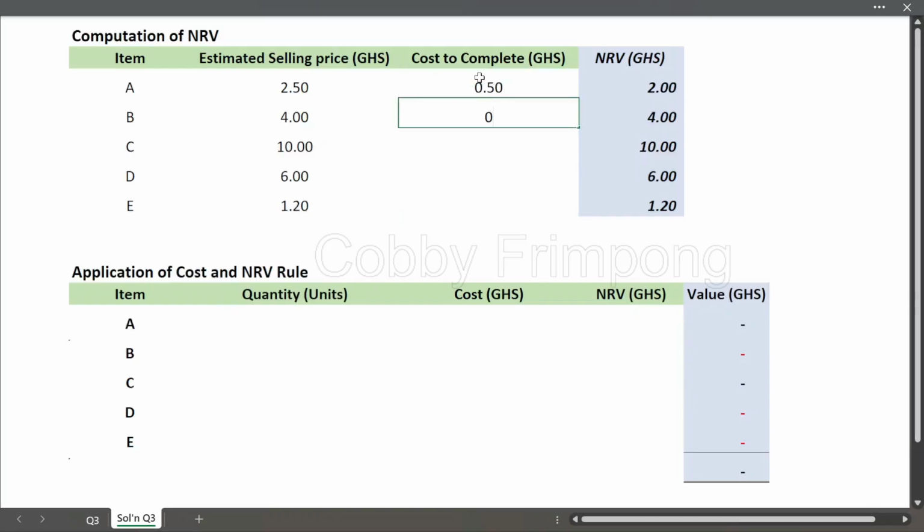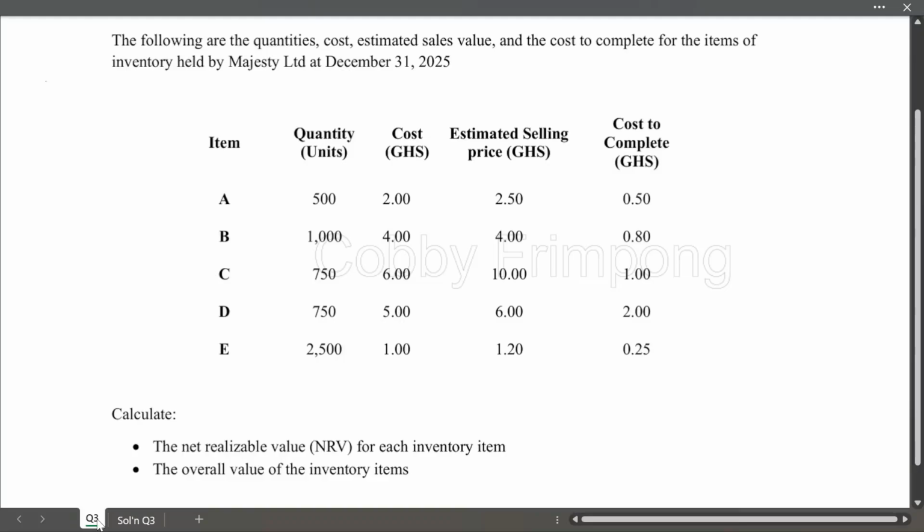The NRV is calculated by deducting the cost to complete from each item's estimated selling price. Item A, we had 2.5 less 0.5, which is 2. Item B, 3.2. Item C, 9. Item D, 4. And item E, 0.95.